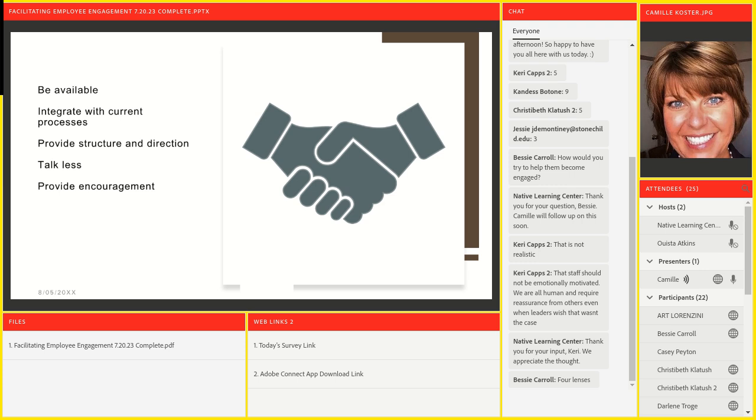Number 5 is provide encouragement. So one of the Gallup statistics says that we need to be praising our employees every single week, at least minimally one time a week. And you know what? That hasn't necessarily been part of leadership in the past.